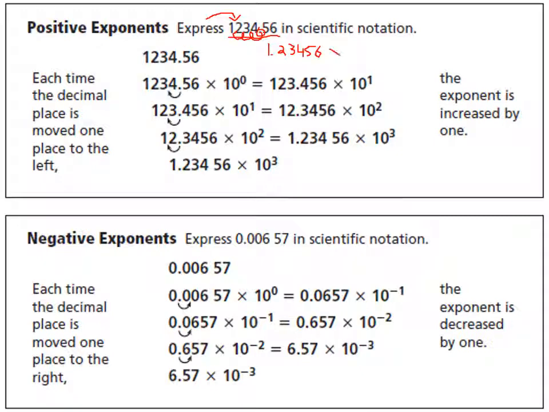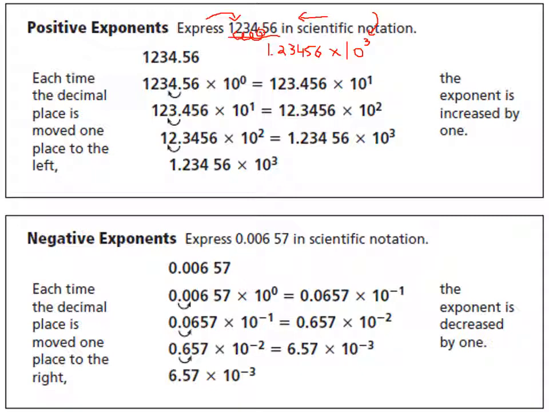Then I do times 10. And the exponent, I figure it out based on how many times I moved the decimal. I moved the decimal 3 spaces. Now when you move towards the left side, your exponent is going to be positive. You're not going to put a negative sign in front of it. It's going to be positive.